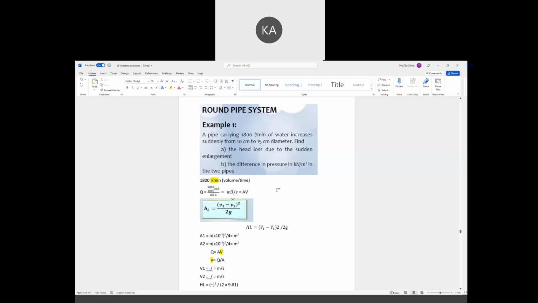Hence you will be able to obtain the Q value here. What is your answer, please? 1,800 divided by 1,000, you get 1.8, right? Then you divide by 60 again. Therefore you should get 0.03. So the flow rate Q for this system is 0.03 cubic meters per second.